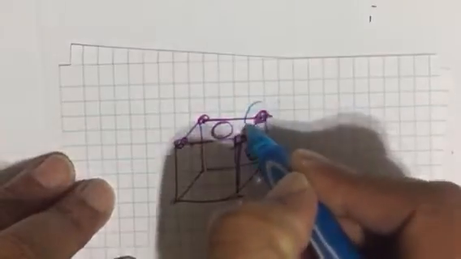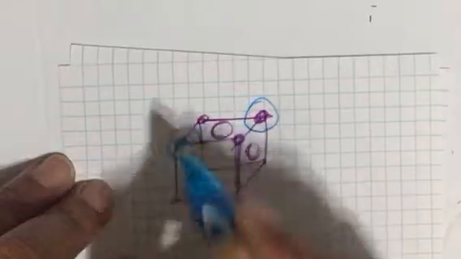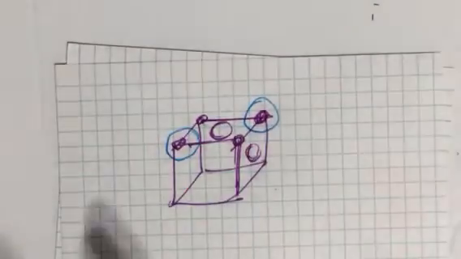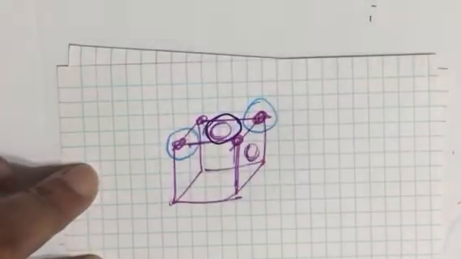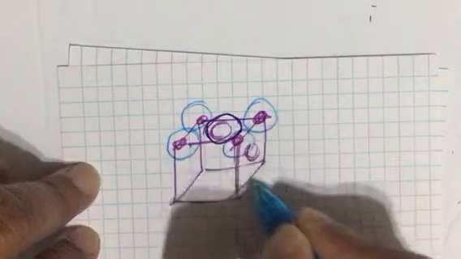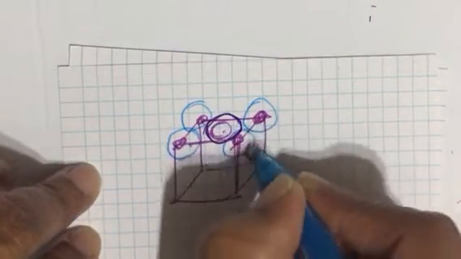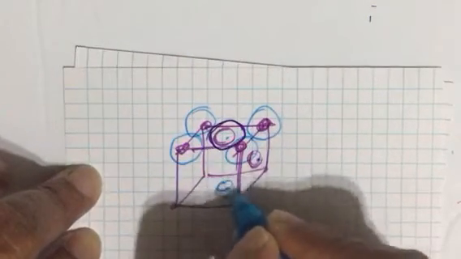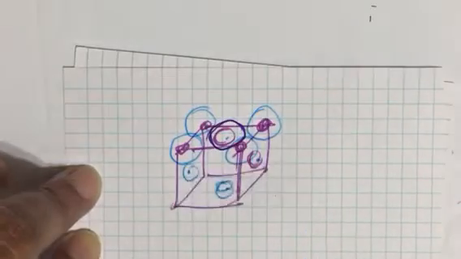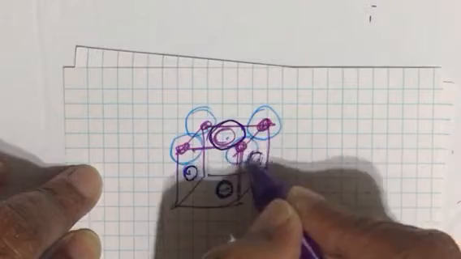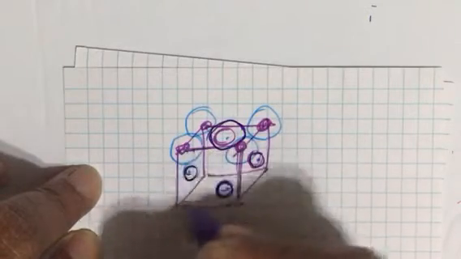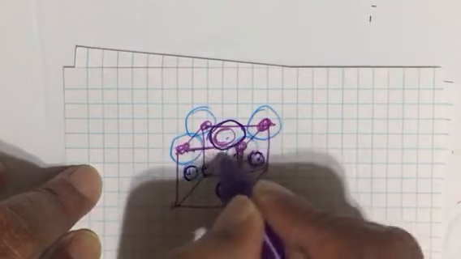You can see that here these particles arrange themselves as if they are touching. And of course it has 6 faces: one face, second face, third face, fourth face, like that. This is another face, this is another face.